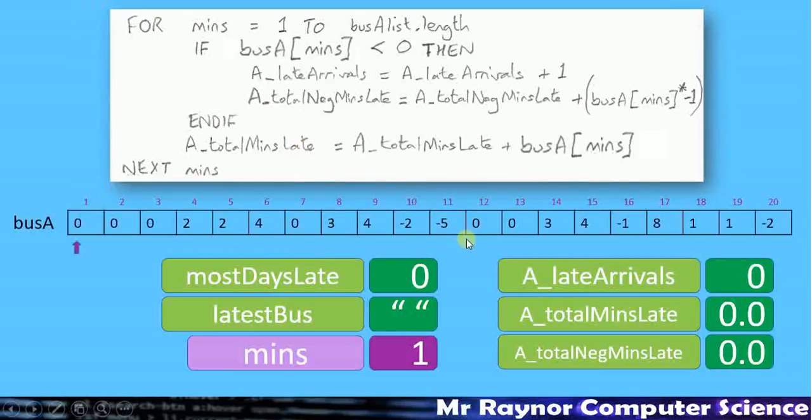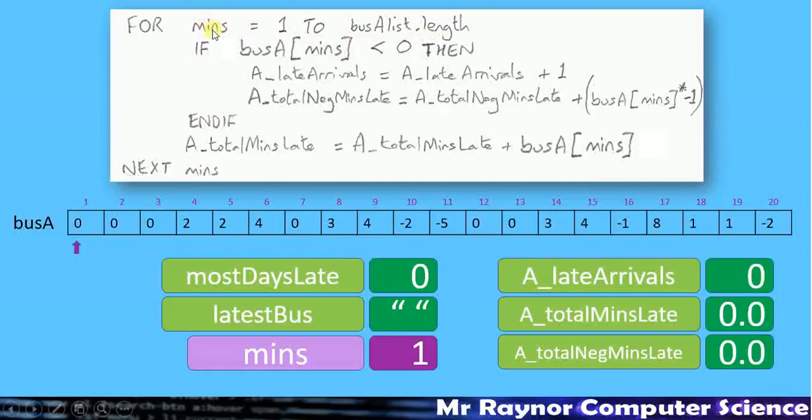So next set of pseudocode is just a for loop again. We've gone from 1 to 20, or the way I did it here was the length of the list. So bus A list dot length is a kind of pseudocode way of getting the length of the list. And then similar to what we did in task 1, we're going to use this variable.